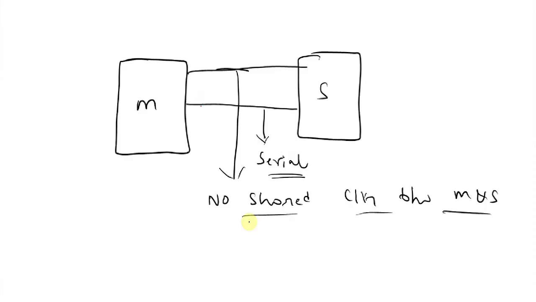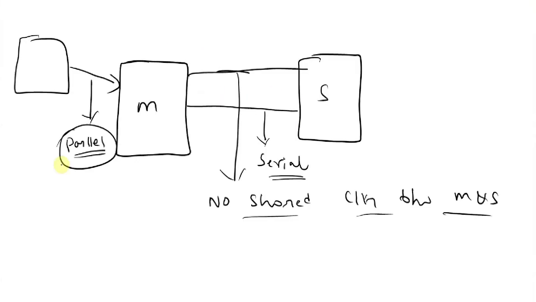Now, serial communication means that if you want to send 8 bits of data between the master and slave, you send one bit at a time, for example 1001010, from the master to the slave.